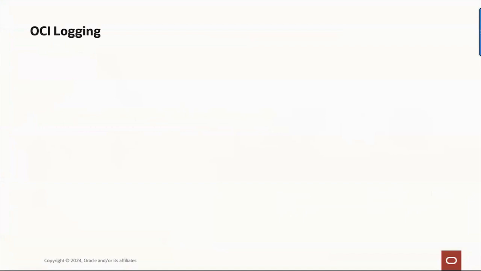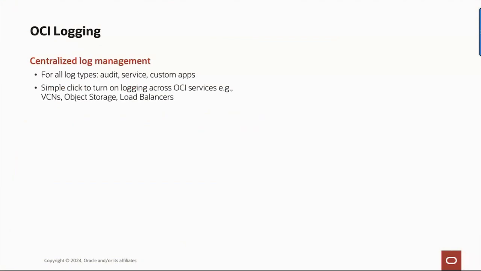So we provide the OCI logging service, which is a centralized log management where you can manage all types of logs within OCI, whether it is audit logs, service logs, or logs coming from your custom applications, right? So when I say service logs, we are talking about OCI native services. It could be virtual cloud network, object storage, load balancer, but not limited to these three, right? There are many services.